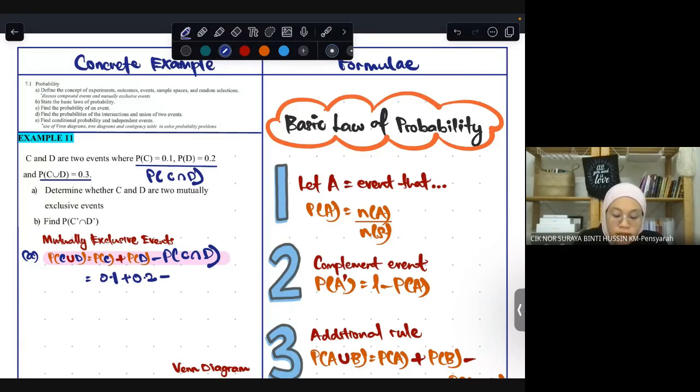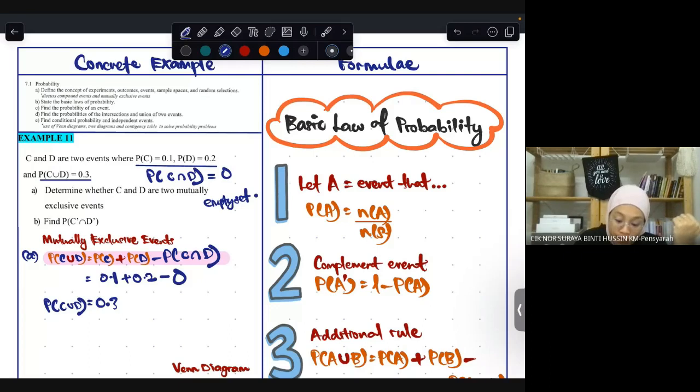The intersection between C and D is none. It's an empty set, or there's zero probability here, or we call it an empty set. Hence, it's a zero probability there. Therefore, the answer is 0.3. And this is your answer for the probability of C union D.